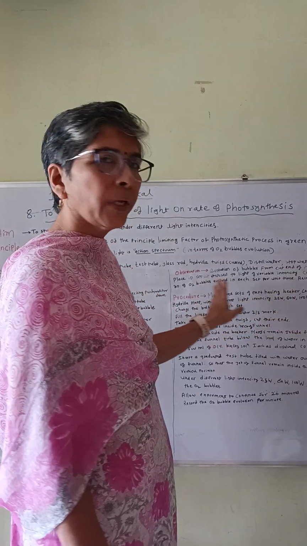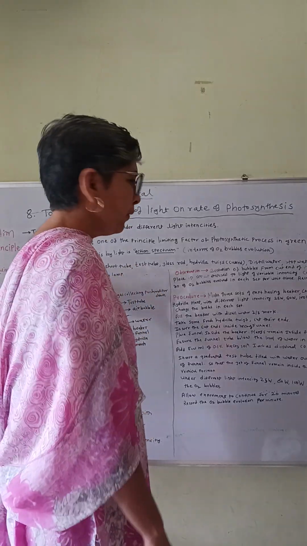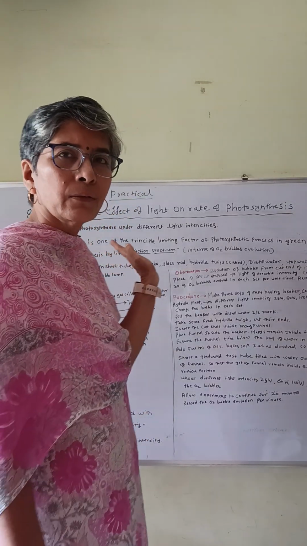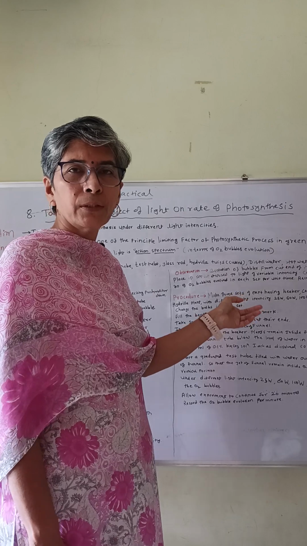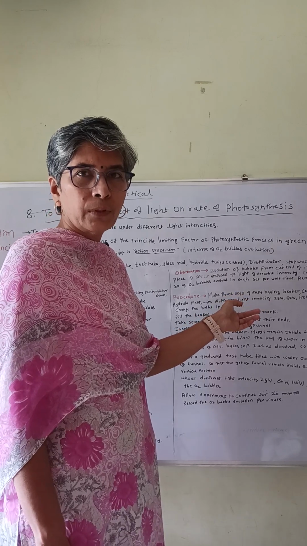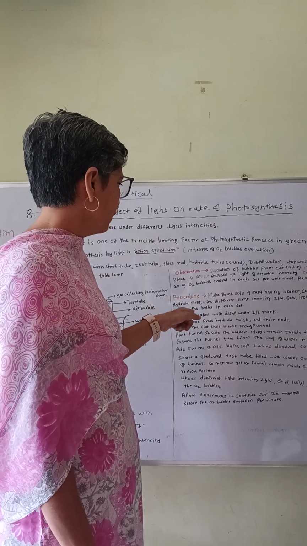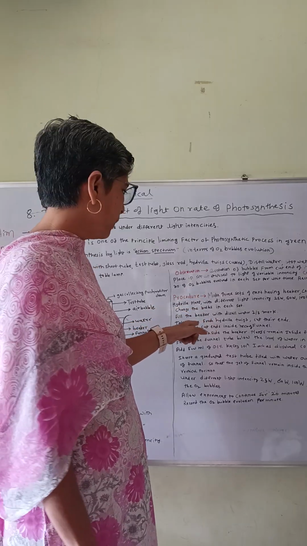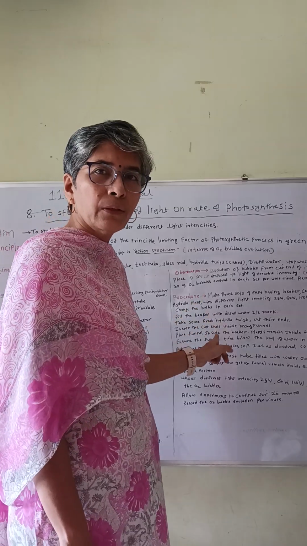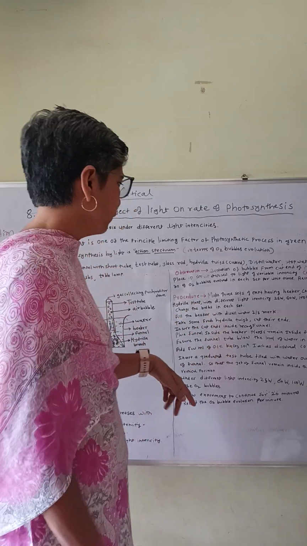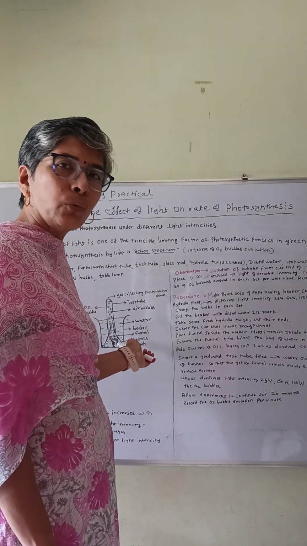You can make 3 sets or only one set and change the 3 types of intensity electric bulbs. The second step in this experiment is to fill this beaker with distilled water, and the water should be up to the 2/3 mark.